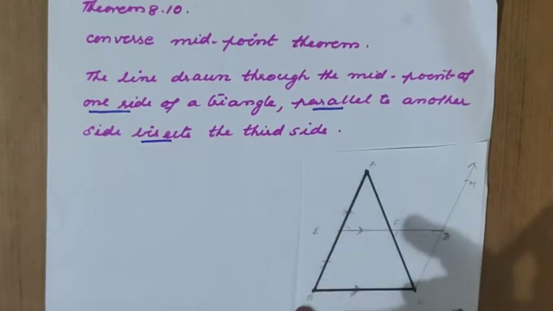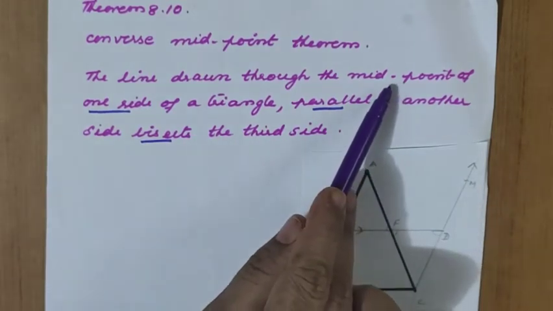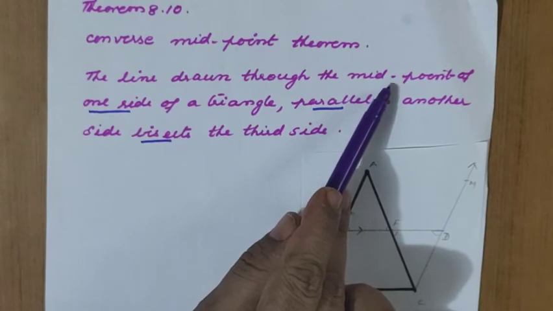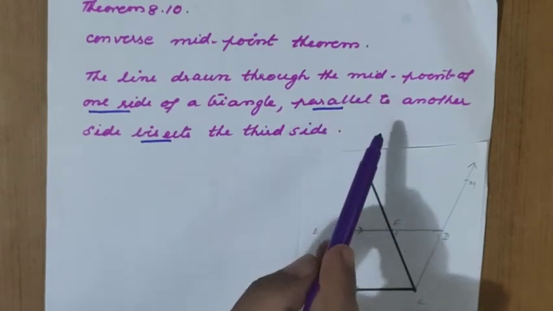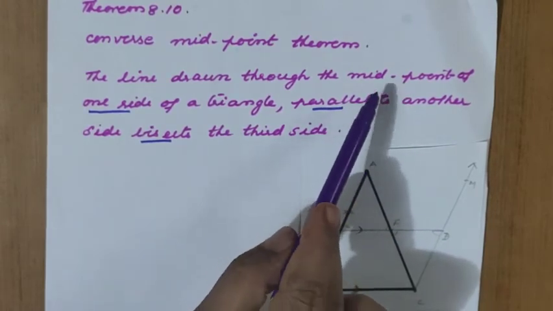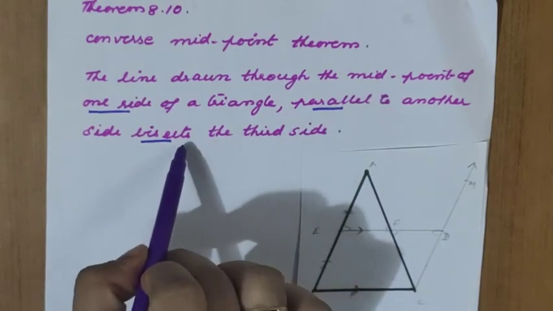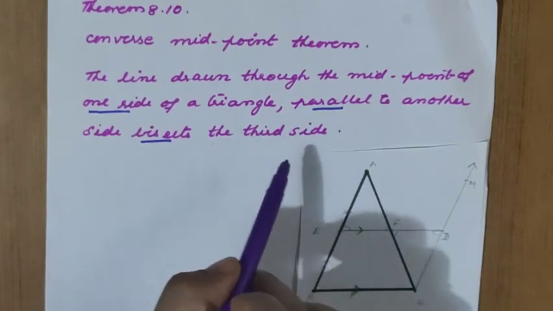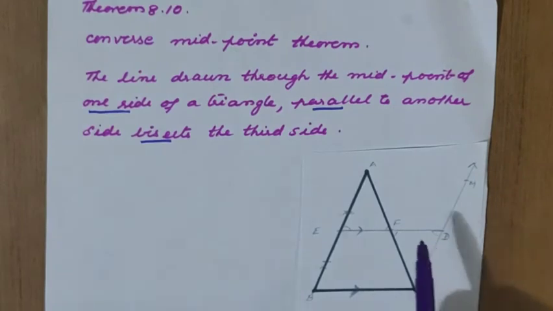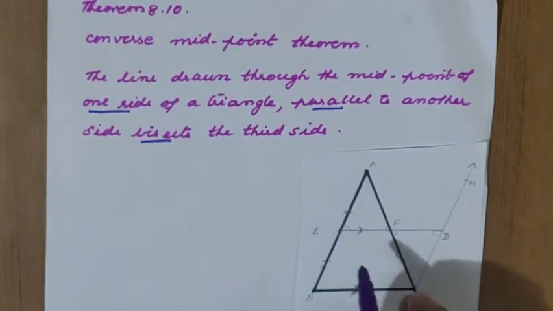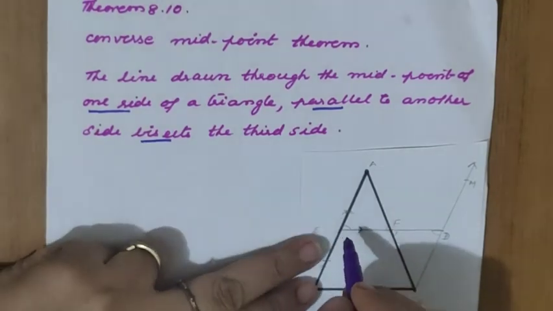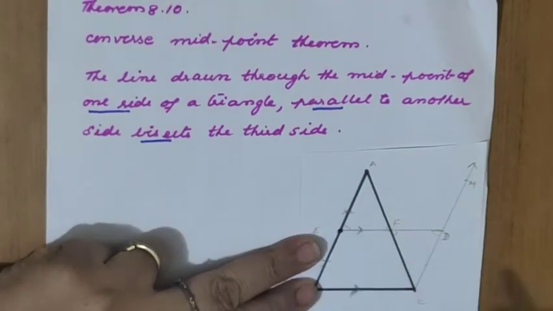So for that, what are the conditions given? We have to draw the line from the midpoint of one side and also parallel to the second side. If these two conditions are satisfied, then naturally it will bisect the remaining side. So let us see the diagram now. Triangle ABC we have drawn here, and we have taken E as the midpoint. Got?